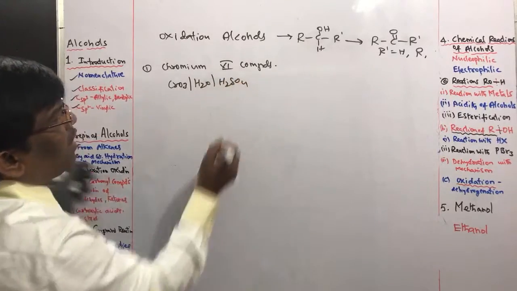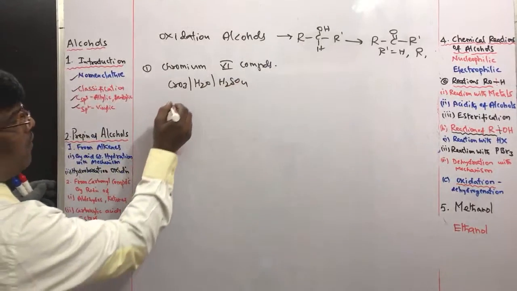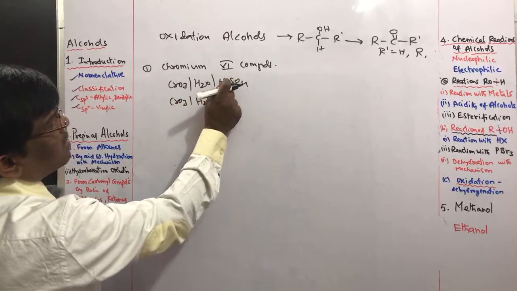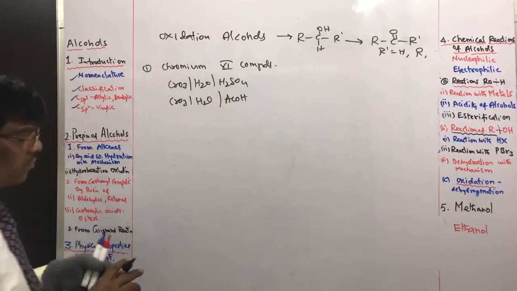It converts alcohols to carbonyl compounds. Since sulfuric acid is very strong, I can use acetic acid.